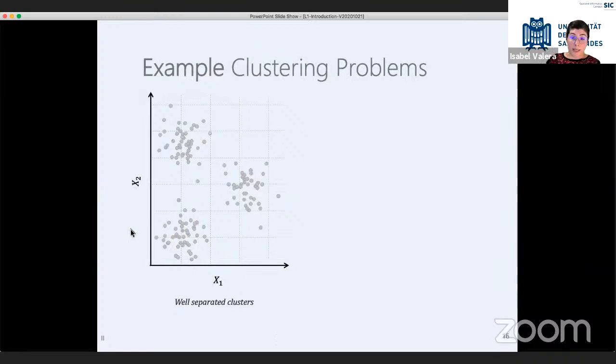So if we assume I have some features, let's imagine that these are features with your previous semester grading and your high school grading. Maybe I just want to see whether I have different groups.